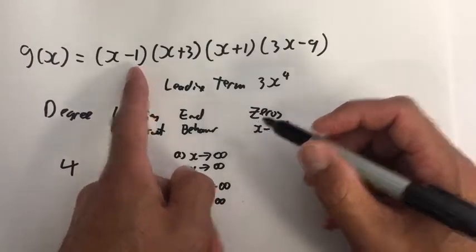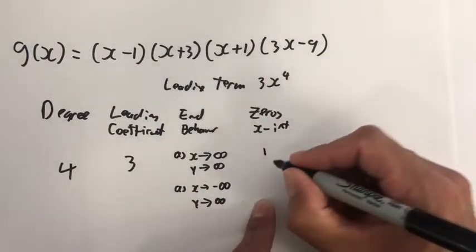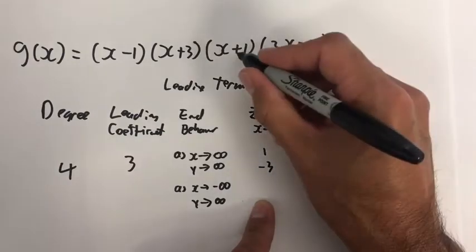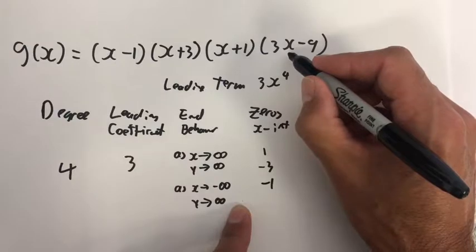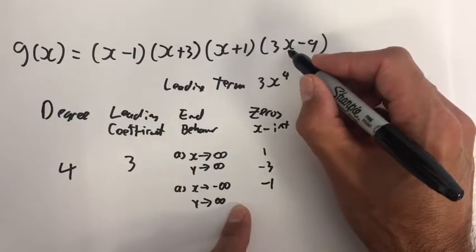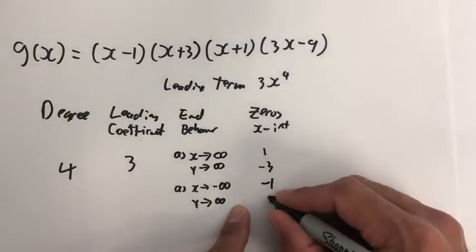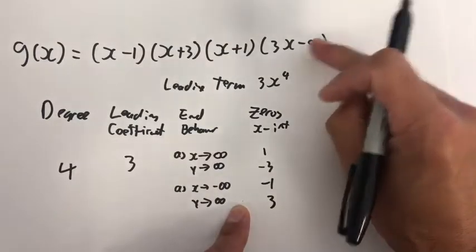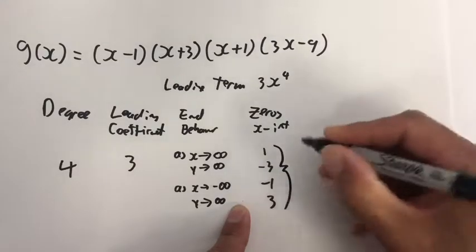So if x minus 1 is 0, then that means x could be a 1, a negative 3, a negative 1, or here, that's a positive 3. You see, if it was a 3 there, 3 times 3 is 9, minus 9 is 0. There are no exponents here, so these are all first order zeros.